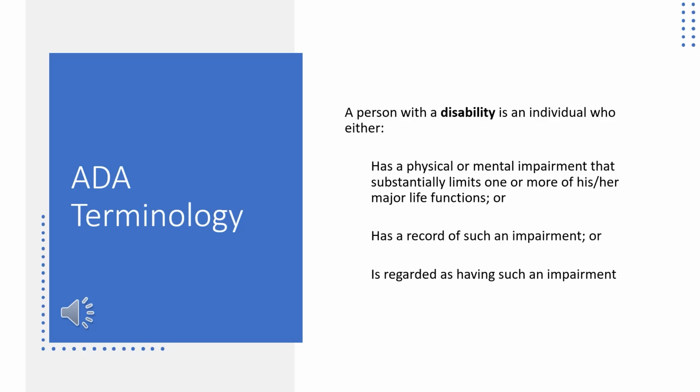A person with a disability is an individual who either has a physical or mental impairment that substantially limits one or more of his or her major life functions, or has a record of such an impairment, perhaps they once had an impairment but no longer have it, or is regarded as having such an impairment, maybe someone who appears to have a disability and therefore is treated or regarded as having a disability.